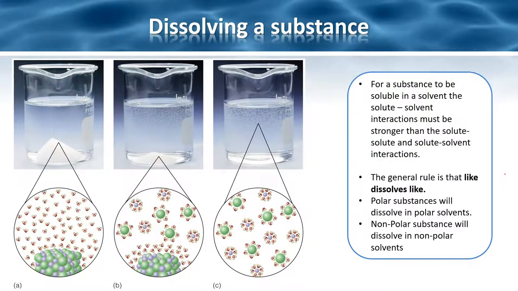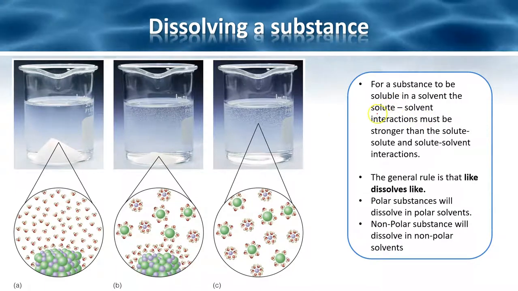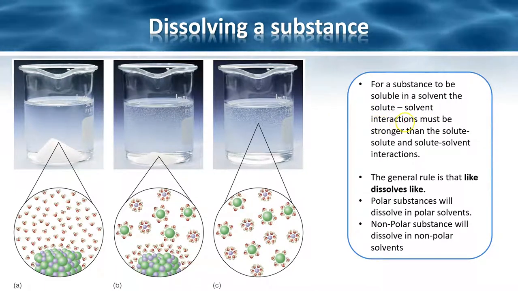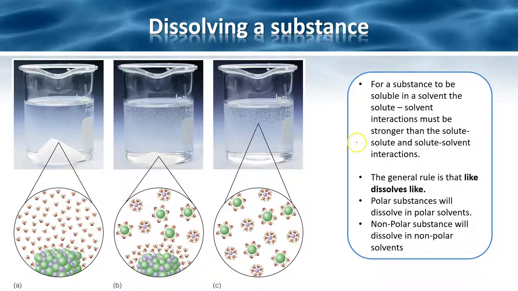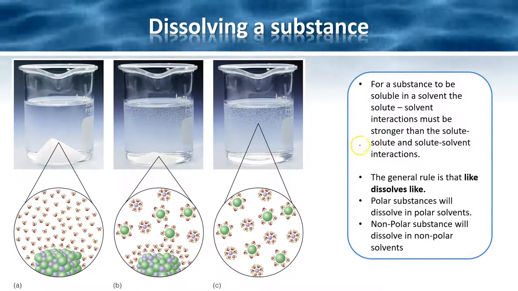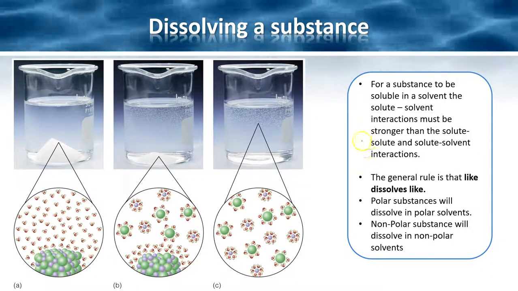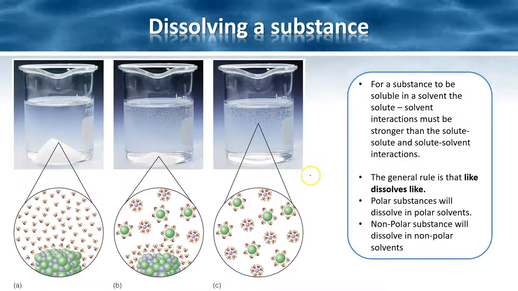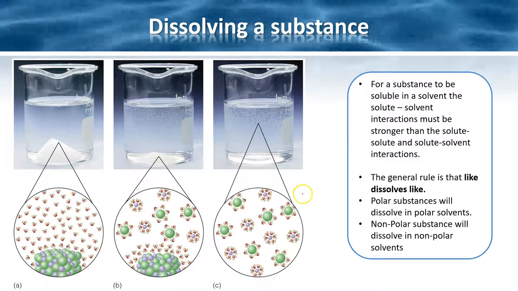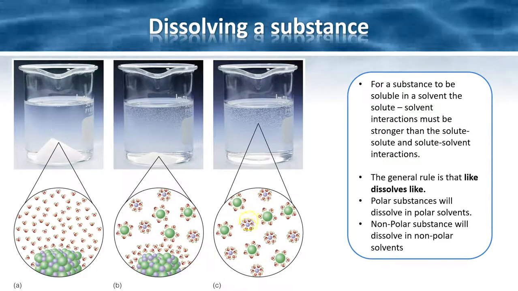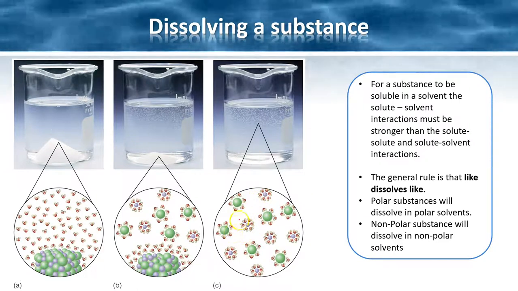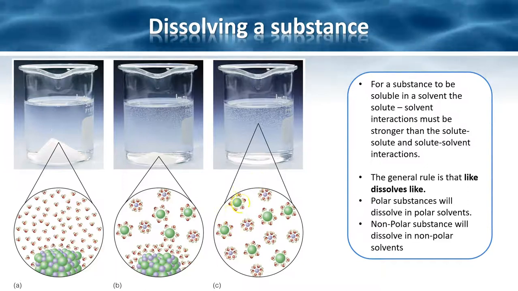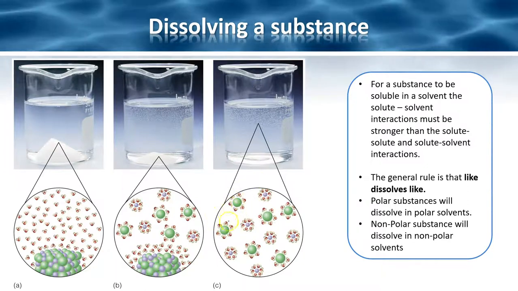For a substance to be soluble in a solvent, the solute-solvent interactions must be stronger than the solute-solute or solvent-solvent interactions. So we need to be able to make new interactions between the solute and the solvent in order to form nice, stable solutions that won't separate out because of visible particles.